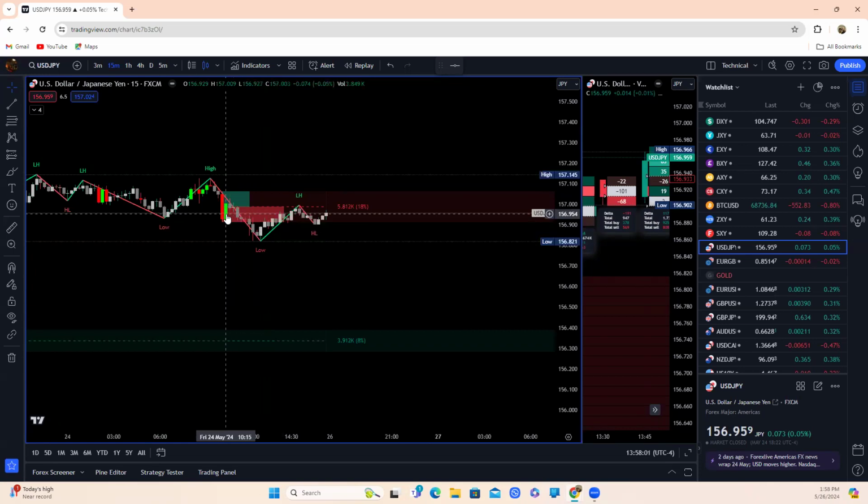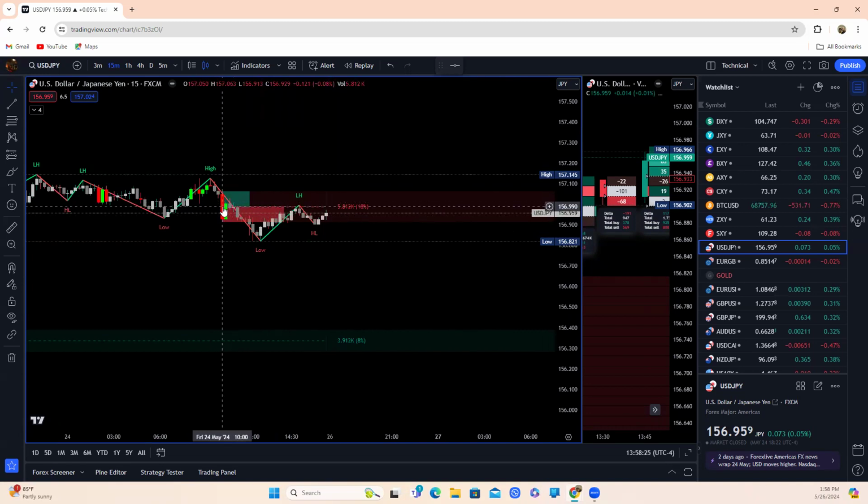So more sales, more orders hit the sell side of this candle than buys. So for all intents and purposes, this is a bearish order block indicated by the color, because there was more bearish volume than bullish volume in this candle.